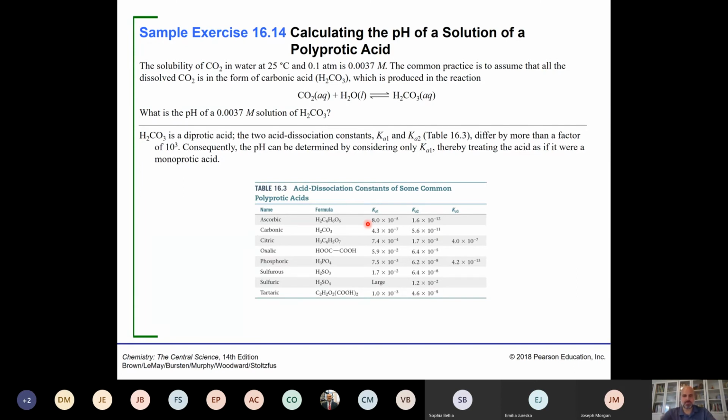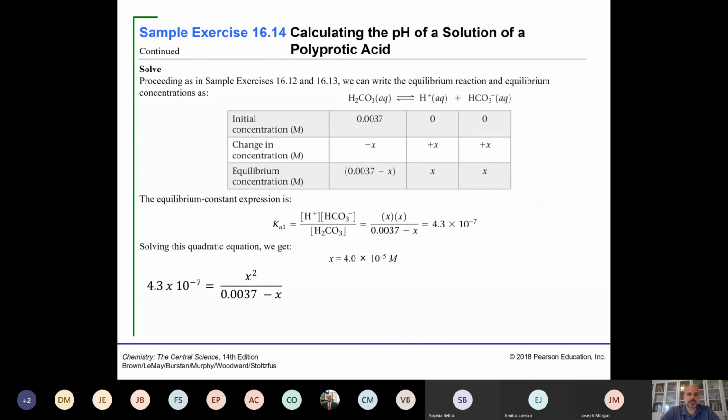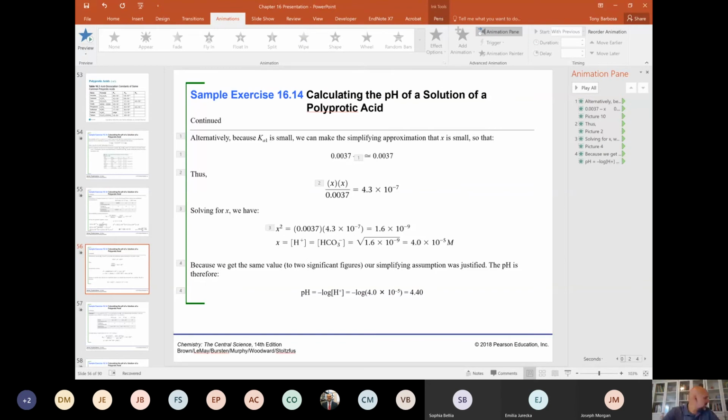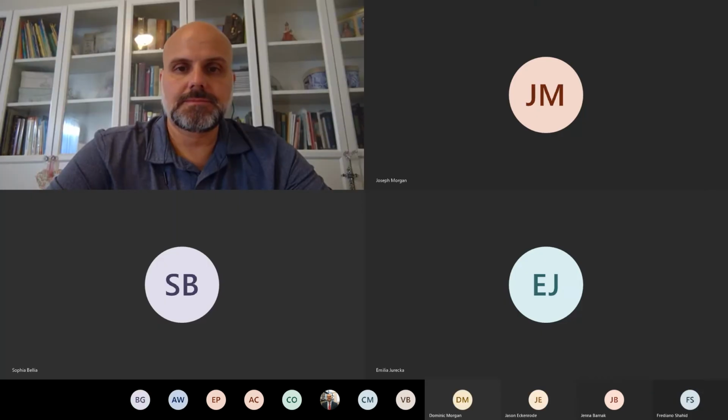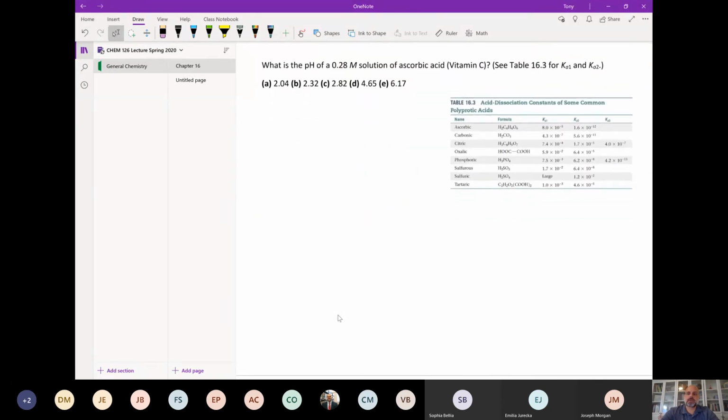So we look at our sample problem here, and we have a 0.28 molar solution of ascorbic acid, and we need to figure out what the pH is.